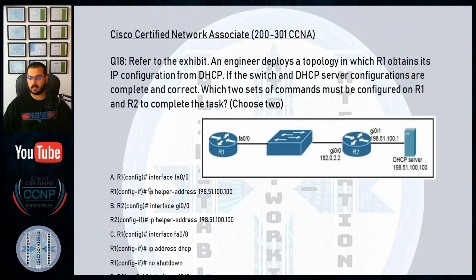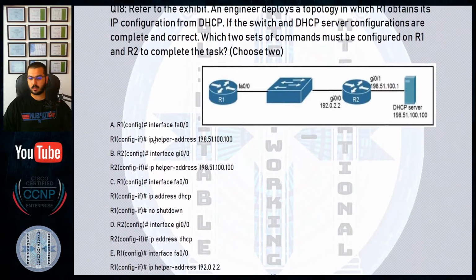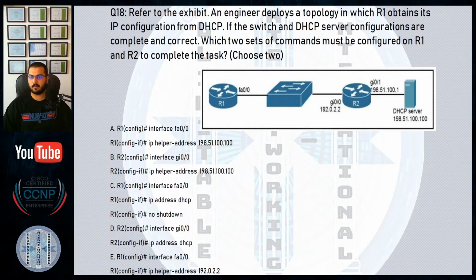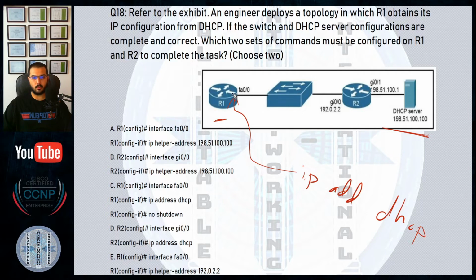Okay, 18, we are almost done today. Okay, that should be enough. An engineer deploys a topology in which R1 obtains its IP configuration from a DHCP. That means this interface has the command ip address dhcp, so it will send a broadcast message all the way to the server.